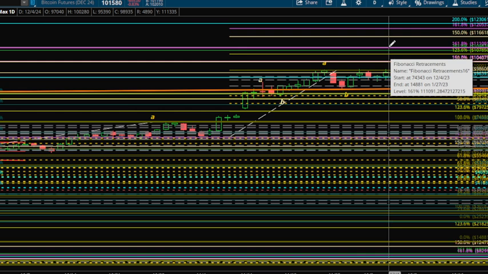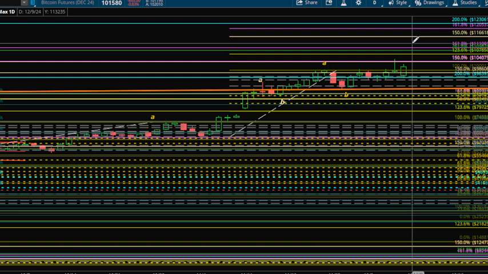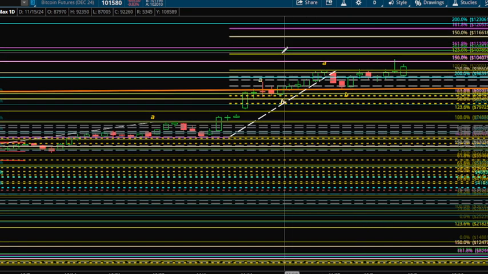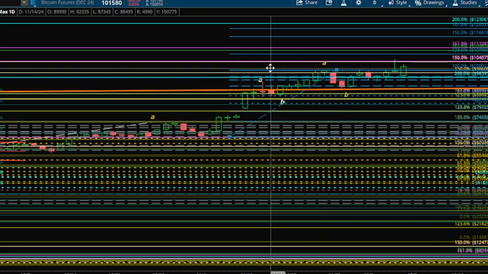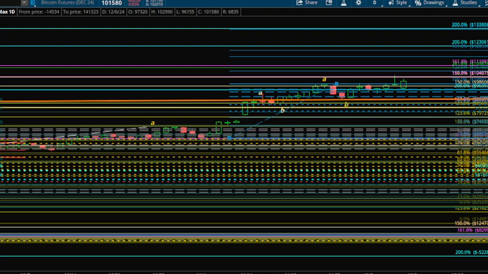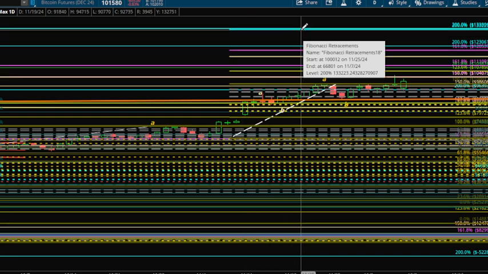And the next fib closest to that is going to be our 150% at 116. Let me activate this, make sure I'm hitting. Yeah, that's a 123 here, 150, 160. There's a 200 here at 123. Here's an overlapping fib here at 132.